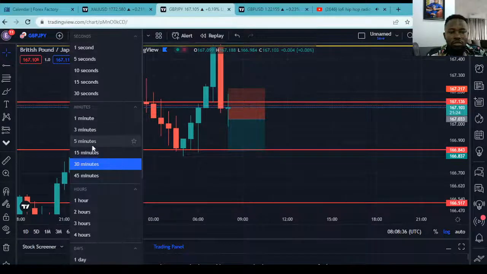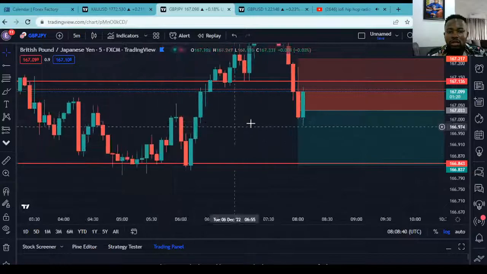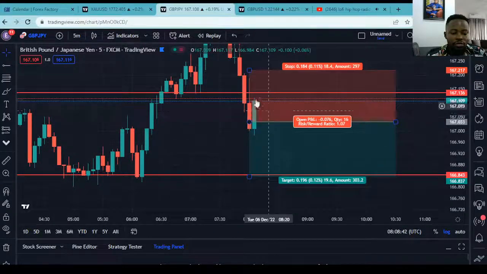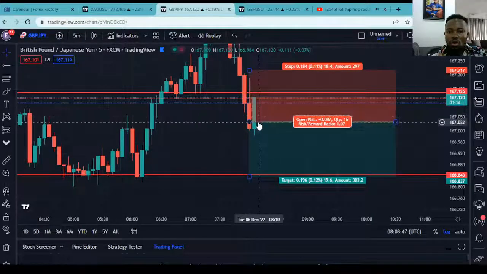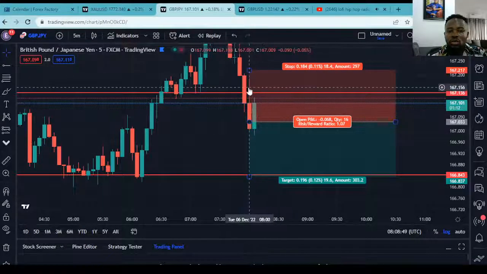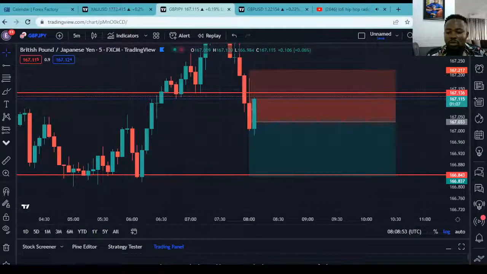So if we have a 5 minutes closing strong bullish candle, I'm going to close 50% of my trade. We need to manage risk on this. Or if this 5 minutes candle closes above this support we'll have here to the left hand side, I will close my entire position.